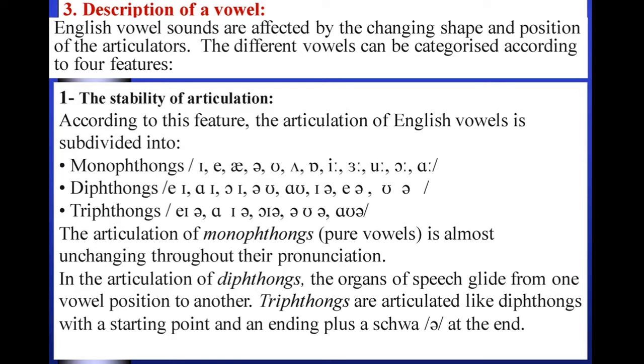The articulation of monophthongs is almost fixed, unchanging throughout their pronunciation. In the articulation of diphthongs, the organs of speech glide from one vowel position to another. Triphthongs are articulated like diphthongs, but end with a schwa.